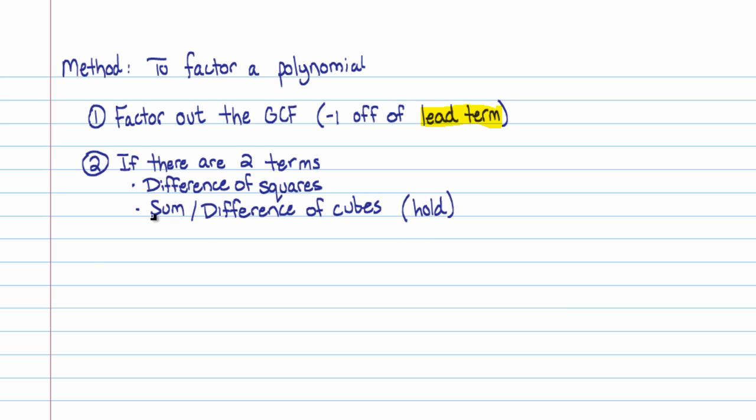Okay. And then the next possibility, if you have three terms, in this case you have what's called a trinomial. There's two distinct possibilities here.